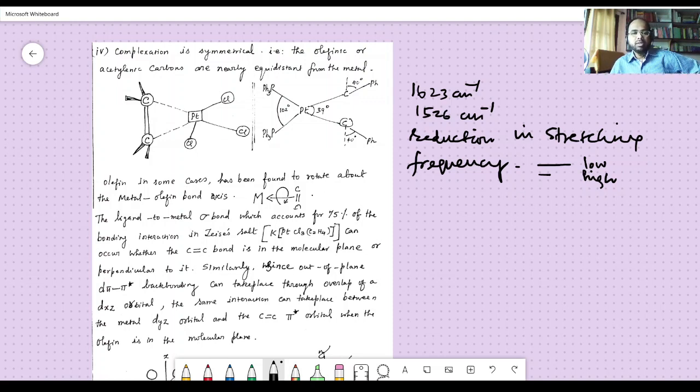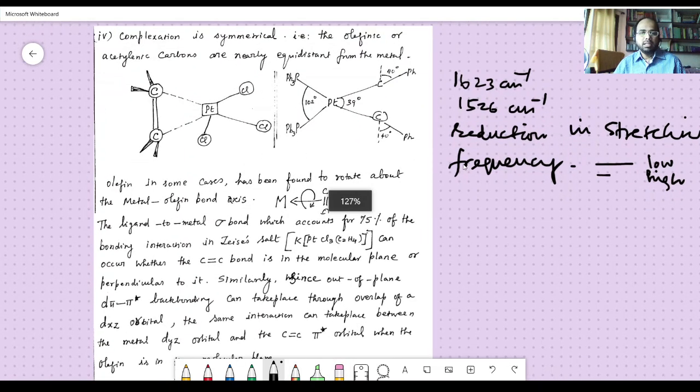So in continuation with this, I am going to discuss another molecule. In the complexation of symmetrical olefinic carbons, both carbons are nearly equidistant from the metal. So here is a platinum complex in which you initially have 4 chlorine atoms.